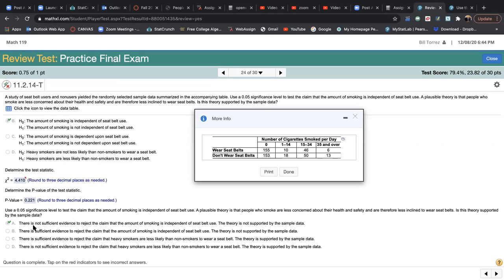So we favor H naught, and there's not sufficient evidence to reject the claim that the amount of smoking is independent of seatbelt use. The plausible theory is that people who smoke are less concerned about their health and safety, and therefore less inclined to wear seatbelts. Well, the data don't support that claim, so that theory is not supported by the sample data. Very good.